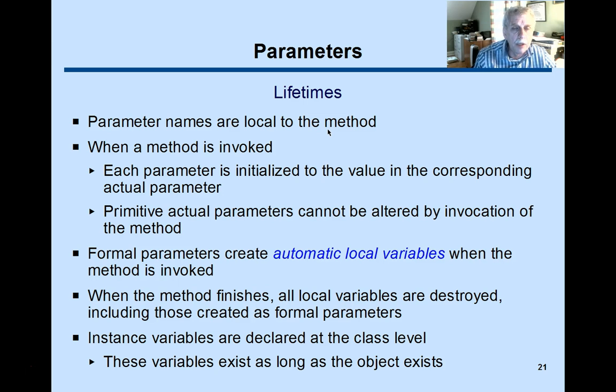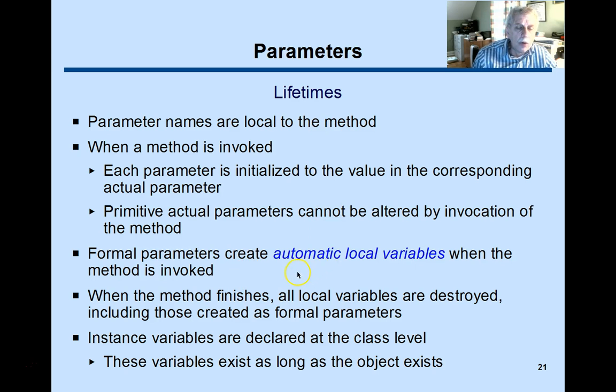It gets populated or assigned an initial value through the call by copying the value of the argument that was passed and assigning it to that local variable, to the parameter variable. And that local variable continues to exist until the call to the method completes. At that time, the variable ceases to exist. So that's the lifespan or the lifetime for that particular variable.